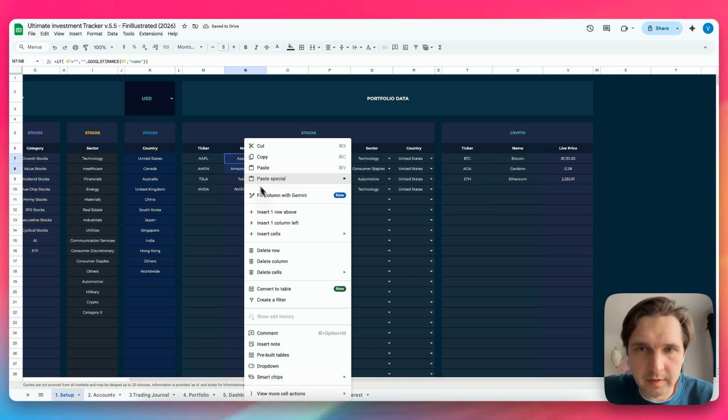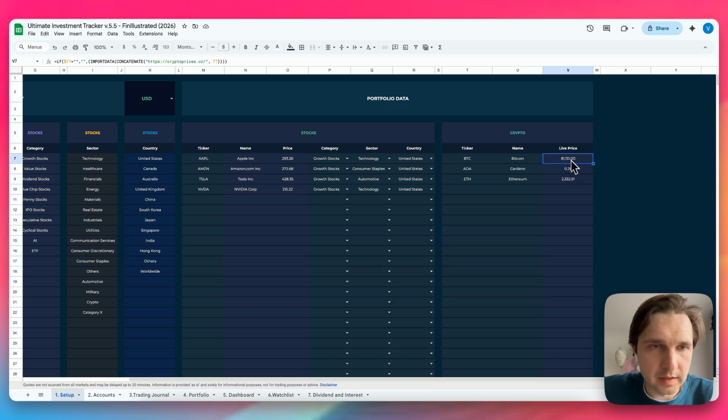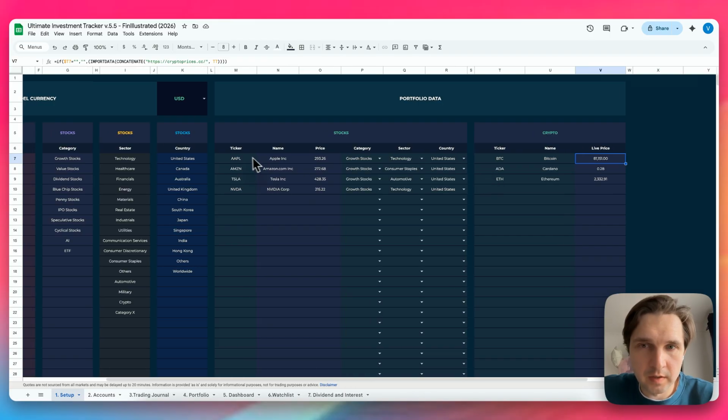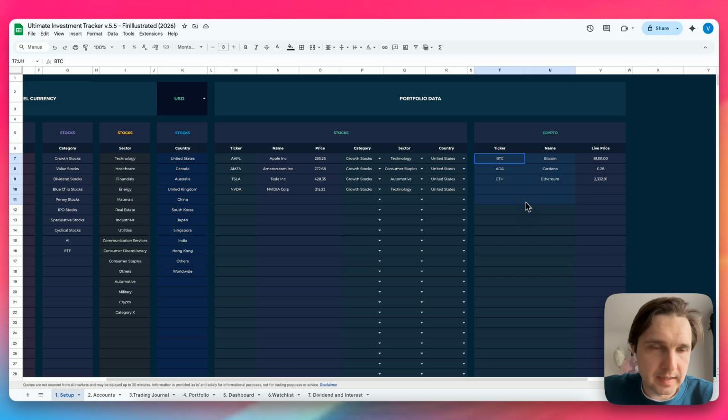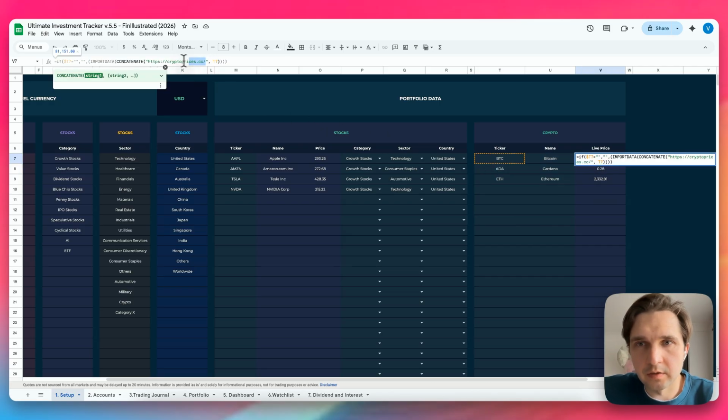Everything in this dark bluish violet is where the formula is, and you don't have to do this manually. The dark green cells are our manual inputs, and the rest is formula. Credit and a shout out to cryptoprices.cc.